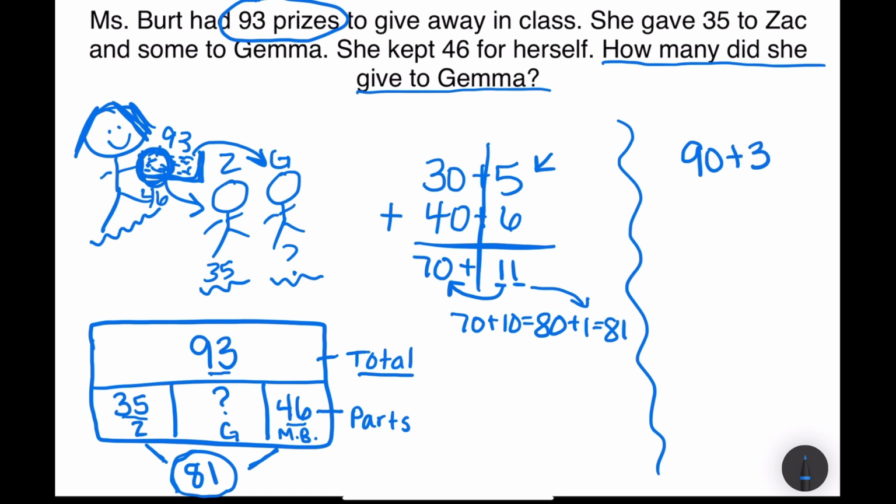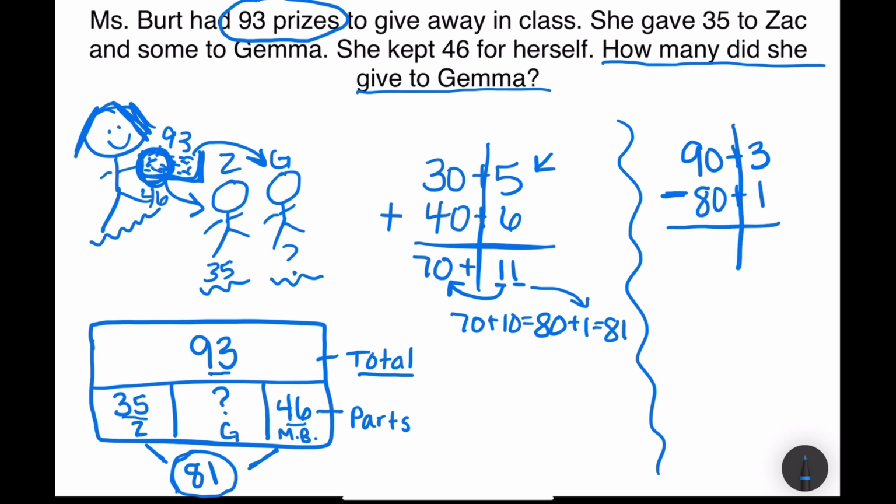And in order to figure out the missing piece, I need to separate the amount of prizes that she gave to Zach and that she kept for herself. So the problem we're doing is 93 minus 81.